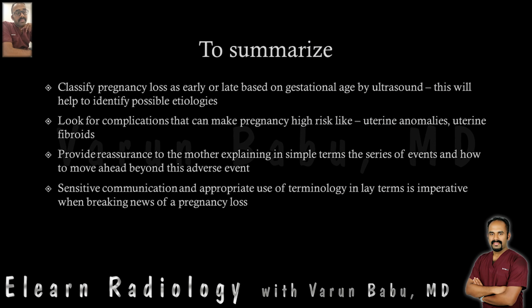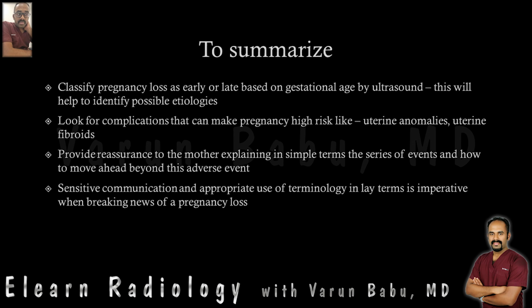So to summarize, classify the pregnancy loss as early or late based on the gestational age by ultrasound. This will help to identify possible etiologies. Look for complications that can make pregnancy high risk, like uterine anomalies, septate uterus, arcuate uterus, uterine fibroids.